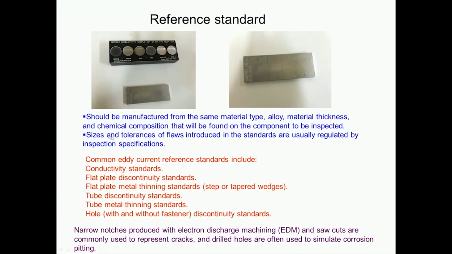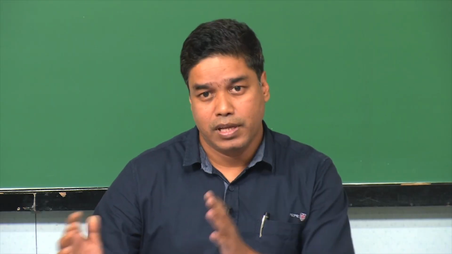Okay. And the other important aspect is the size and tolerances of the flaws which are introduced in the standards, and this has to be regulated through some kind of specifications following some standards like ASTM standards and so on.